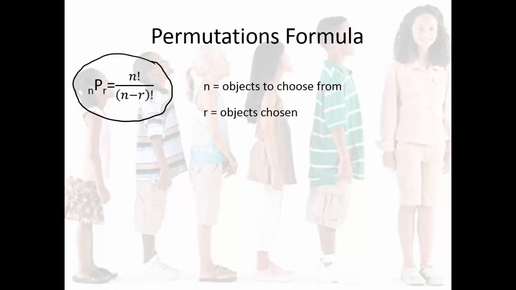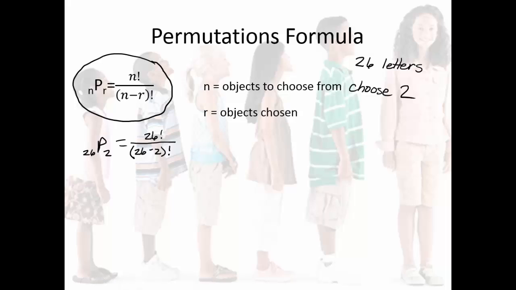If we use our previous example of 26 letters and choosing 2, what this looks like is permutations of 2 things from 26. Then you fill those numbers into the formula. So on the top we have 26 factorial, and on the bottom we have 26 minus 2 factorial. Let's break it down and see why the formula looks like this.